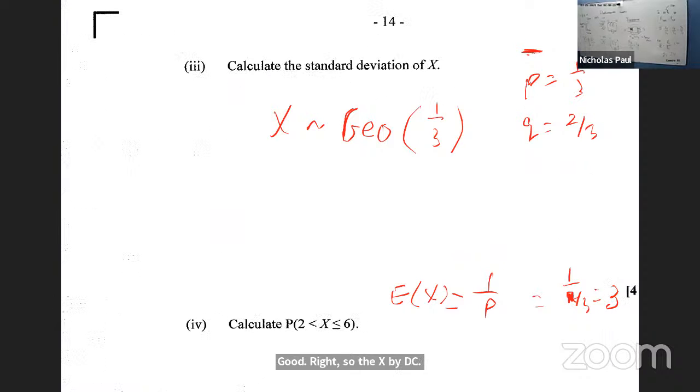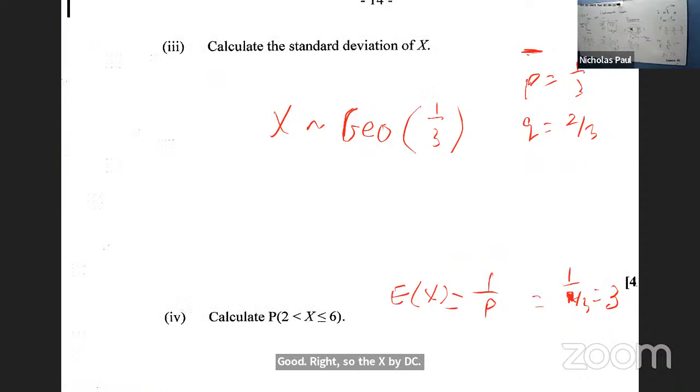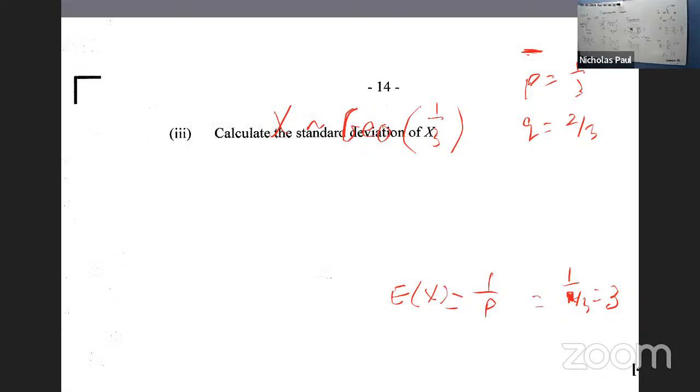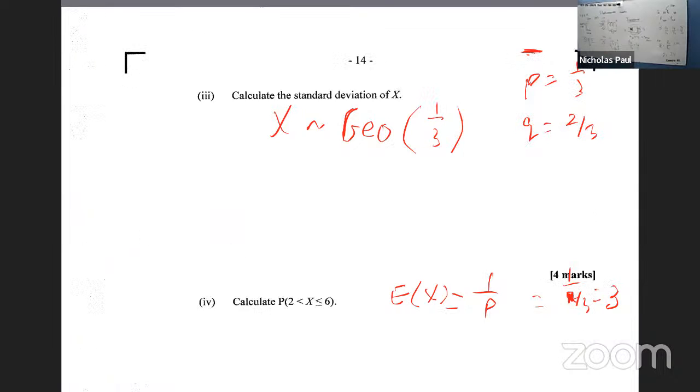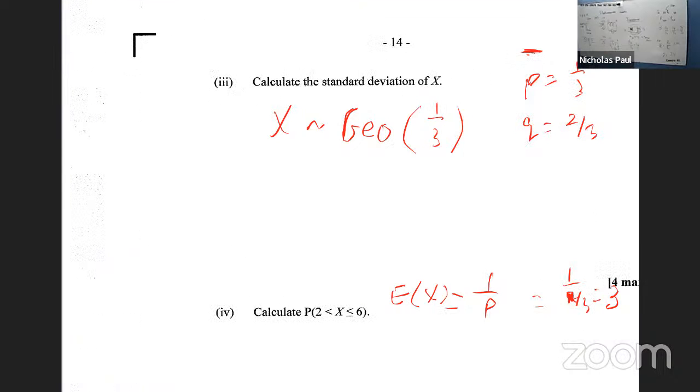Find the last two parts: the standard deviation and the probability.